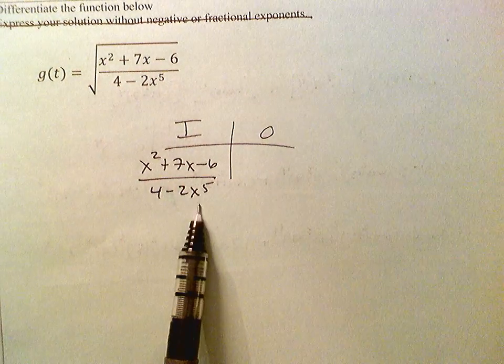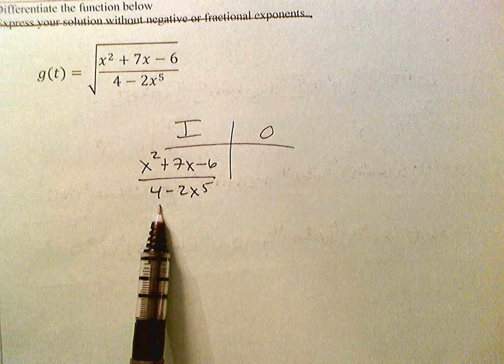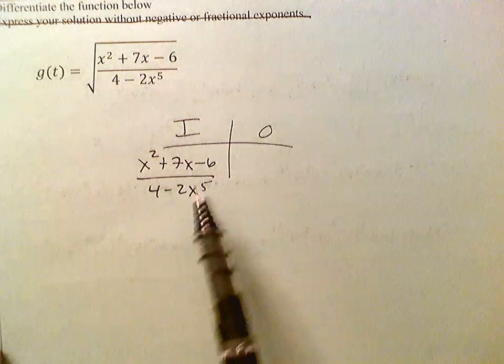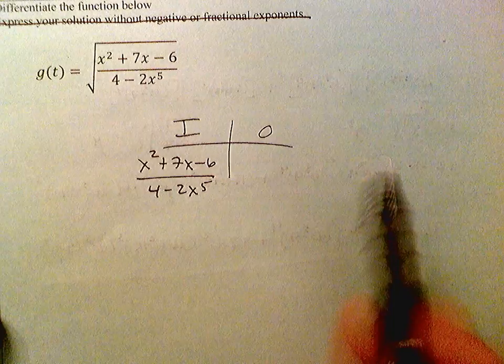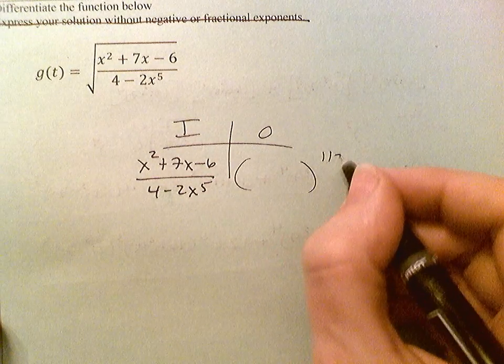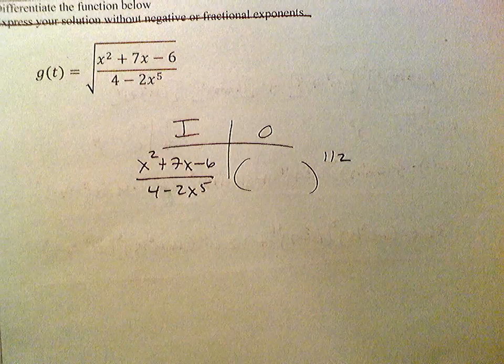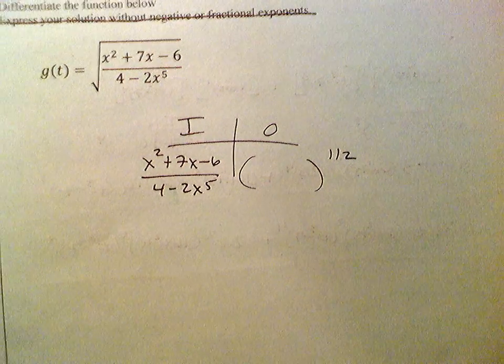But this is not a monomial. This is a binomial. We need the quotient rule here. What is the function that this is inside of? It is blank to the 1/2. I just converted the radical so I could use power rule.